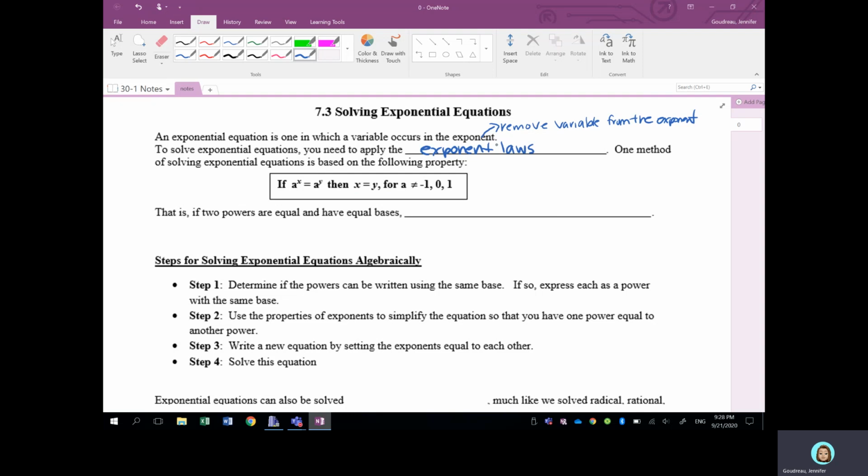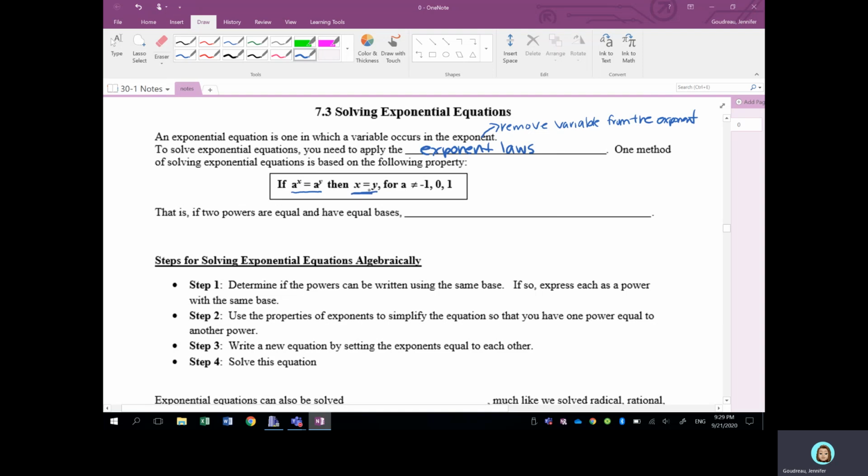One method of solving exponential equations is also using the following property. So we will be using our exponent laws, and then the most important part of helping us remove the variable from the exponent is going to be this property. If a to the power of x equals a to the power of y, then x equals y.